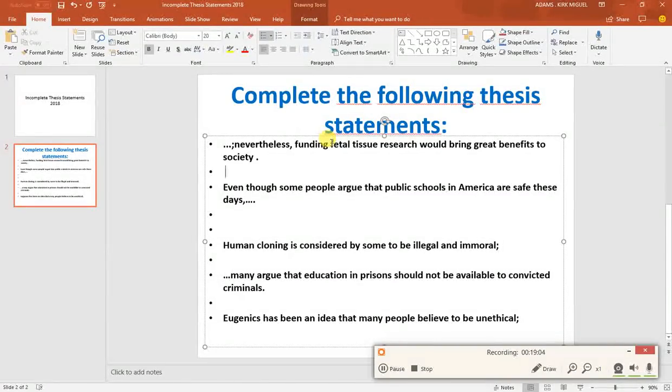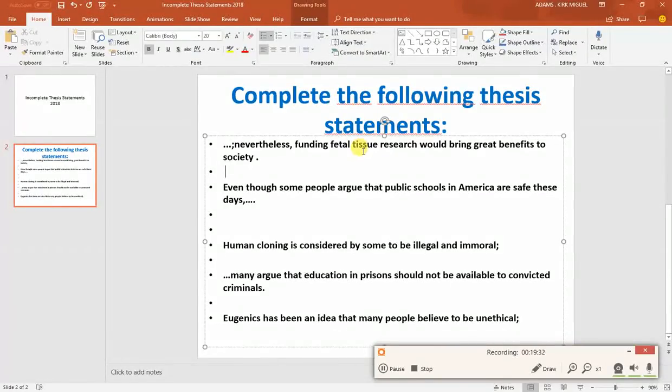I might be wrong about that, but I think that's it. So using cells from the mother in the laboratory is going to be good for society, and we should approve that kind of program or research. So this guy says that we should fund or promote that kind of research.